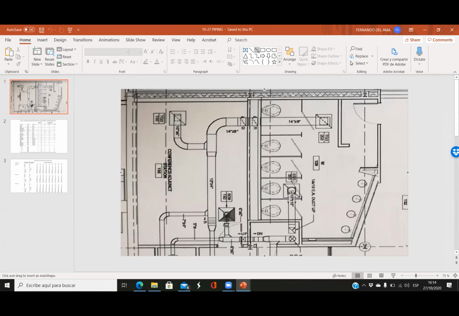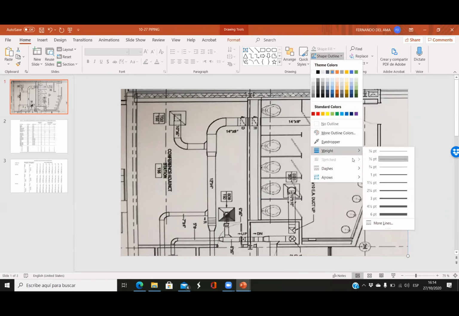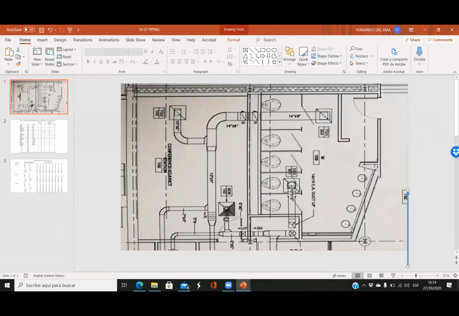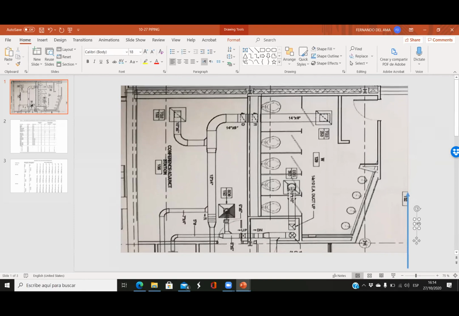So the main supply will be here. Okay, so this is 10 feet.